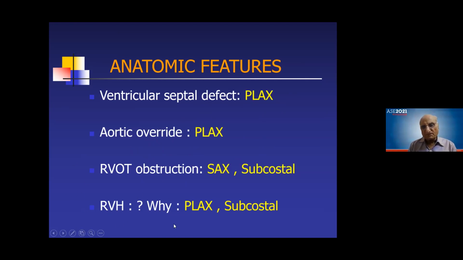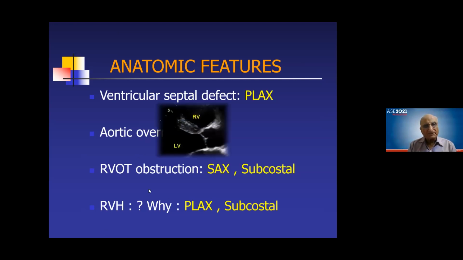The right ventricular hypertrophy is because of the pressure overload on the right ventricle. When there is a pulmonary stenosis, there is a load present on the right ventricle. As a result, there is a right ventricular hypertrophy. For example, you get a left ventricular hypertrophy in cases of aortic stenosis. So these are the 4 lesions which we will demonstrate to you just now.